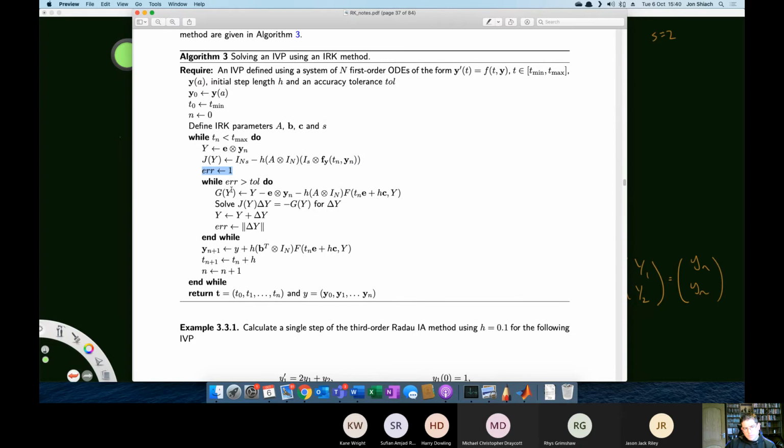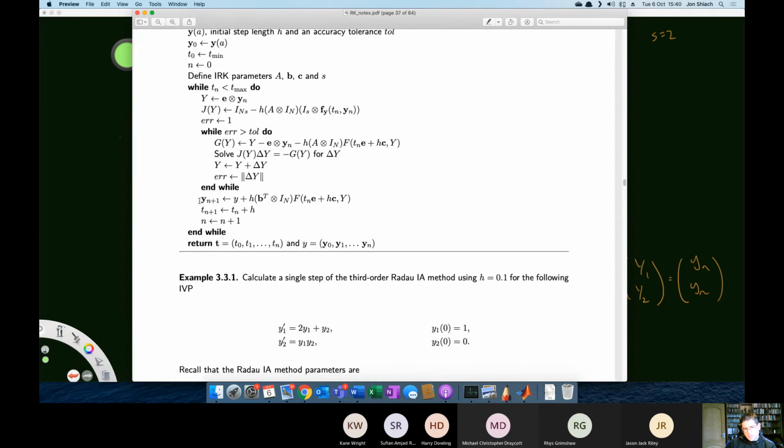We iterate whilst the error is greater than tolerance. So we calculate G(Y), we solve our linear system, we update Y, and we calculate the error, which is a norm of delta Y. Once you've got that, we can then update our solution vector, update our T vector, and update our counter.